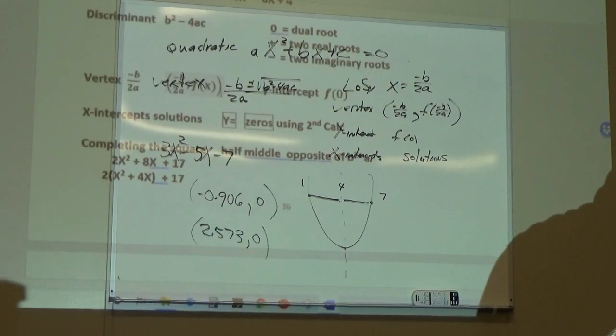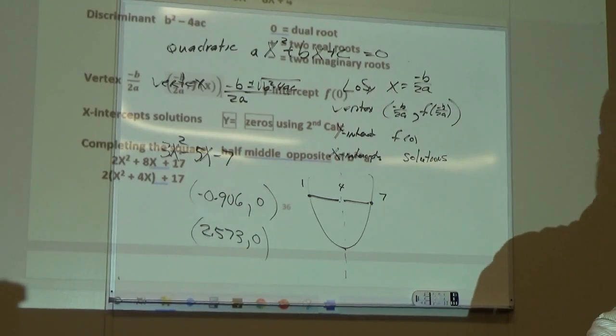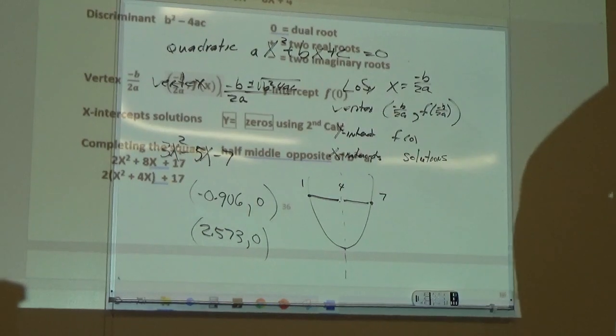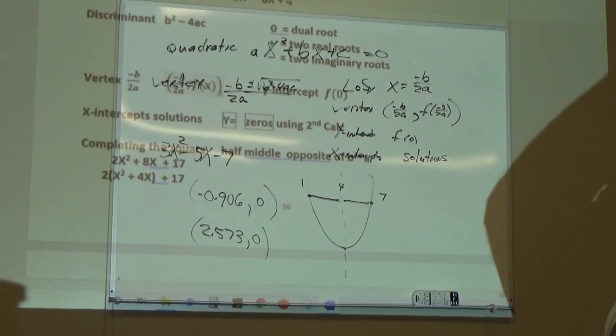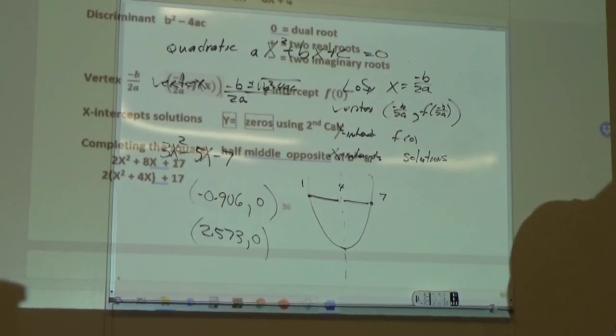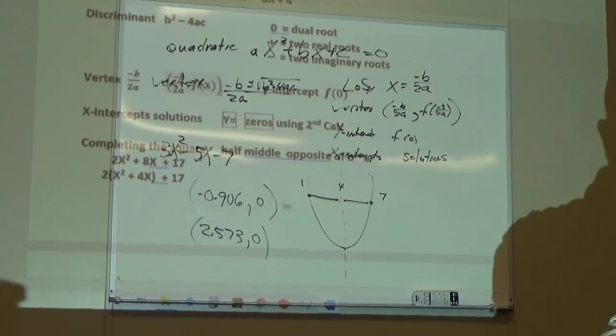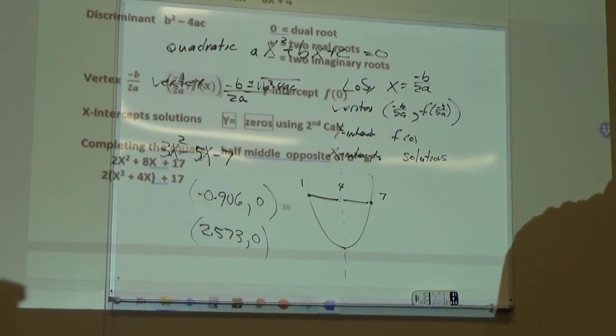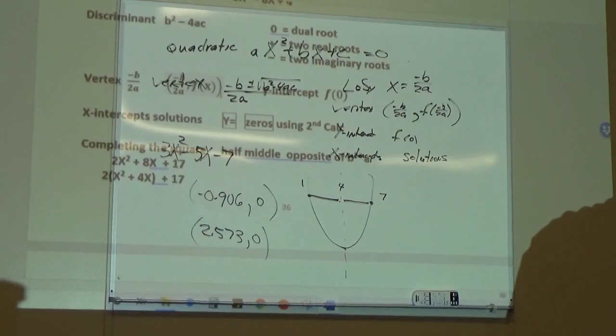Now, if the discriminant is positive, it means that you crossed the x-axis on the way to the vertex, and then you come back down, and so you'll end up with two real roots, two real zeros. If the discriminant is negative, the square root of a negative number is imaginary, so you'll end up with two imaginary roots.